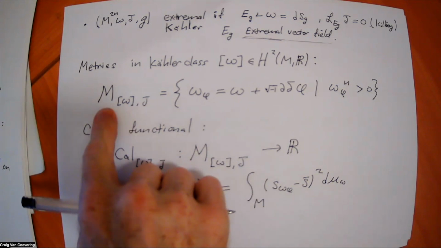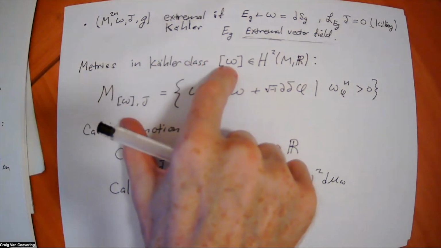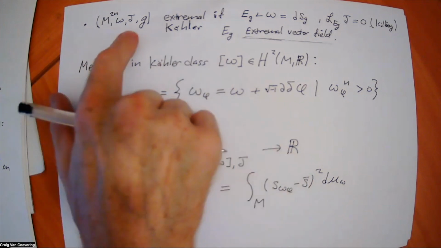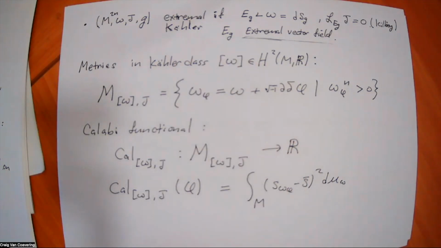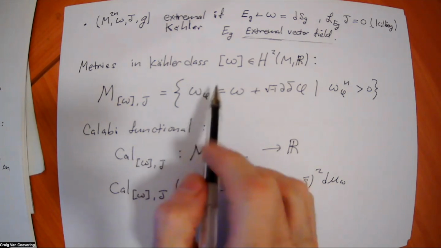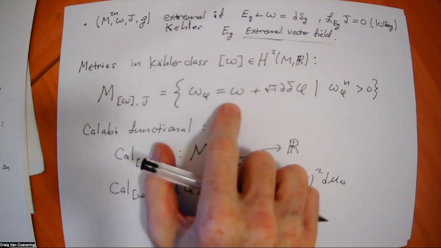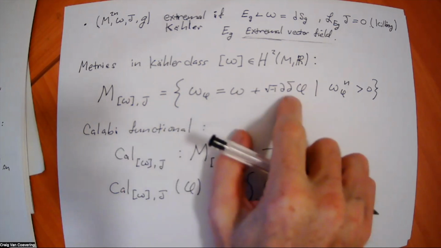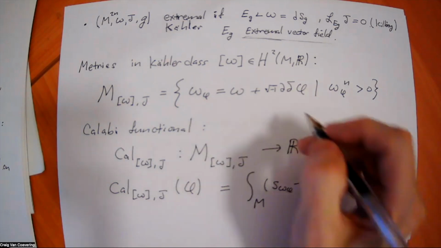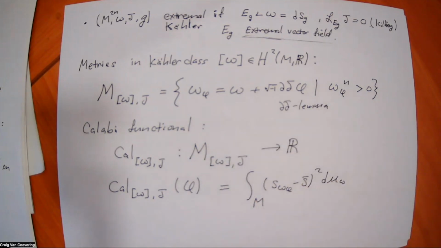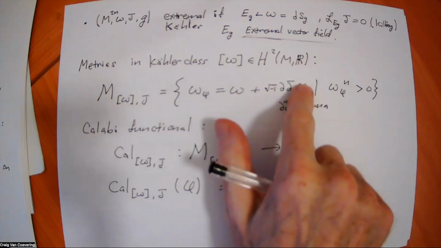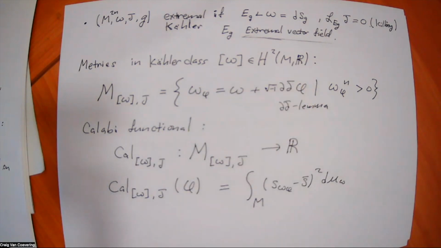But usually you're dealing with the set of metrics in a given Kähler class, and then it's easy to parameterize the set of metrics in the Kähler class in terms of potentials. This follows from the d bar lemma using the Hodge decomposition theorem. And so this is a convex set of potentials.